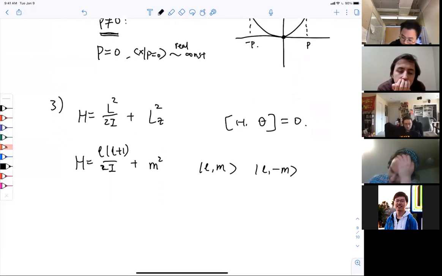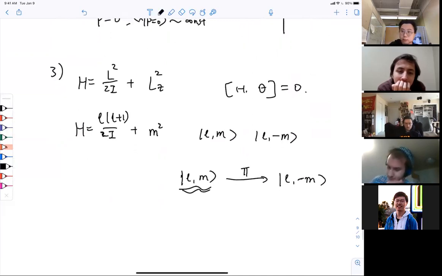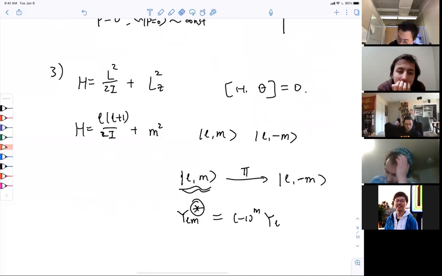If you apply a time reversal operator, generally speaking, you would get this. And you can check by looking at the expression of the spherical harmonics. Indeed, if you apply a time reversal, you would get this, times (-1)^m.